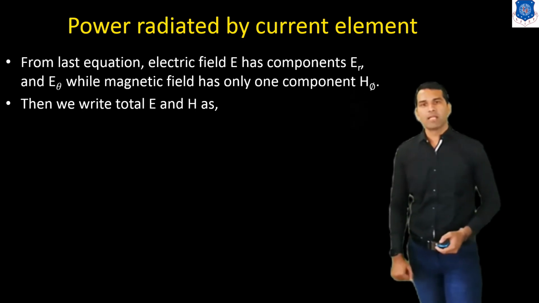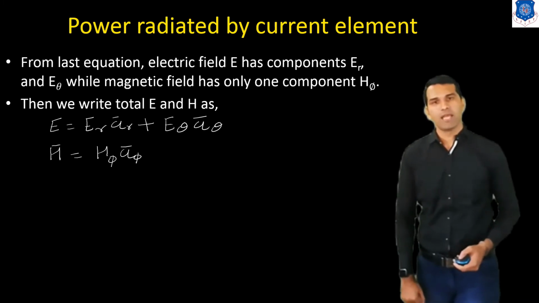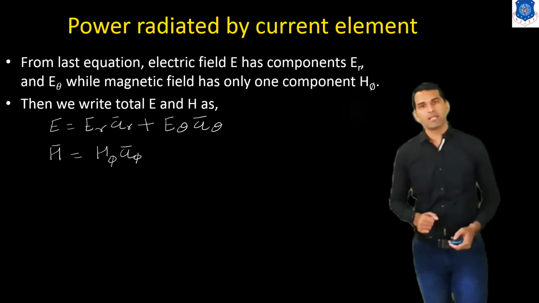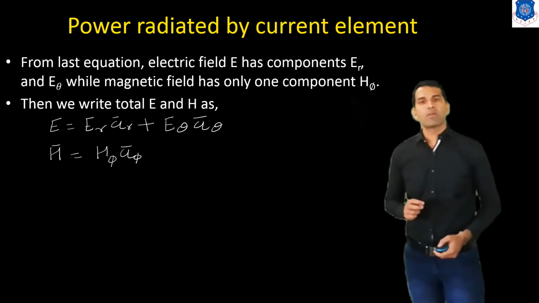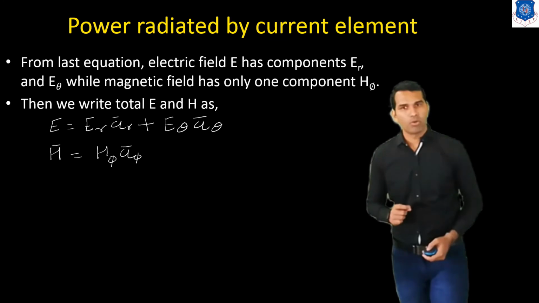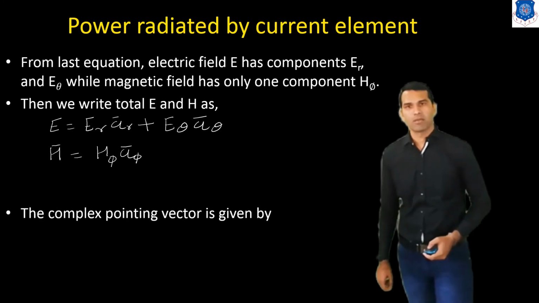Then we write the total E and H as E is equal to ER AR plus E theta A theta, and for the magnetic field, H is equal to H phi A phi. Because the electric field has two components, we write ER and E theta, and the magnetic field has only one component, in the phi direction.